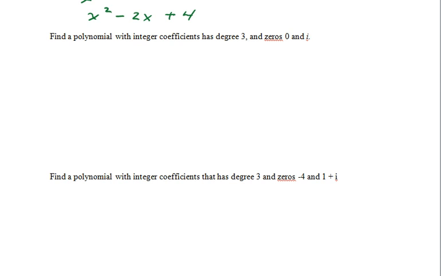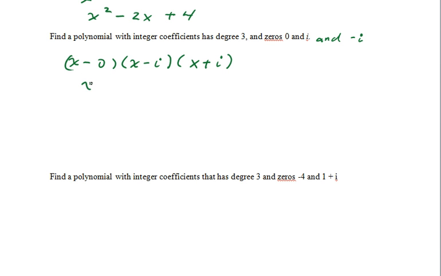This time we have to use the conjugate zeros theorem to understand that if i is a zero, the opposite of i also has to be a zero, because imaginary numbers appear as zeros in conjugate pairs. So our factors will be x minus 0, x minus i, and x minus negative i, which is x plus i.